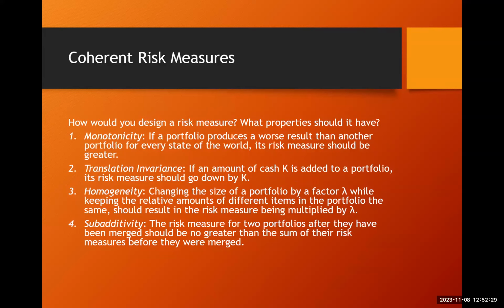The 4 properties are monotonicity, translation invariance, homogeneity, and subadditivity. I want you to know what those 4 points are, with the most important one being number 4.